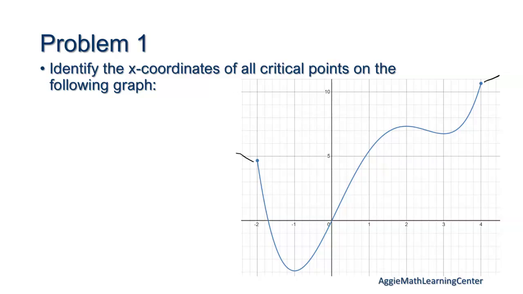Okay, it's defined. And so where are the other critical points? -1, and why is that? The derivative equals 0. Awesome. So whenever our derivative equals 0, so at -1, at let's say 2, and at 3, we also have critical points. So we have a total of 5 critical points on this problem.